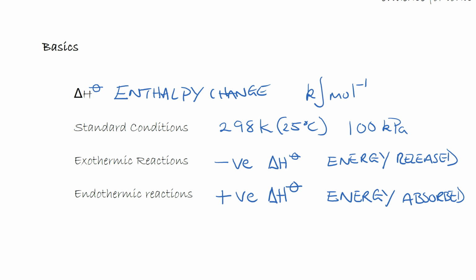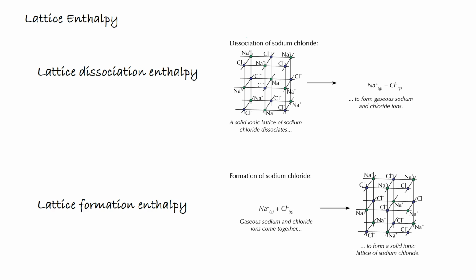Okay, we're now going to have a look at what we mean by this term lattice enthalpy. The lattice enthalpy refers to ionic substances, where we're looking at ions which are held together in a lattice.